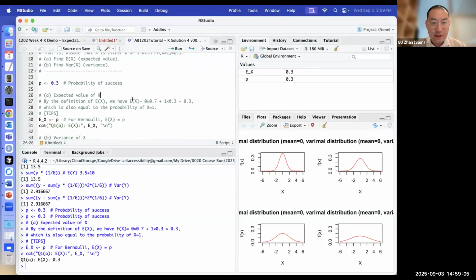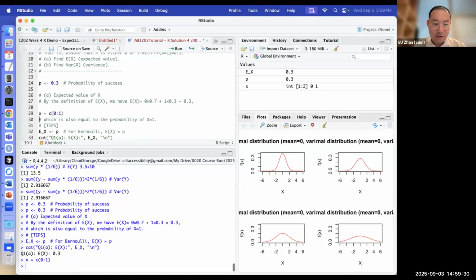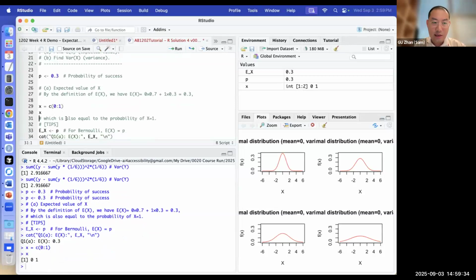Okay, so expected value equals the sum over all the X. X can take 0 or 1, right? So X can be 0, 1.